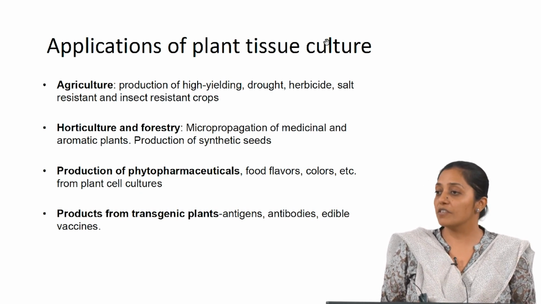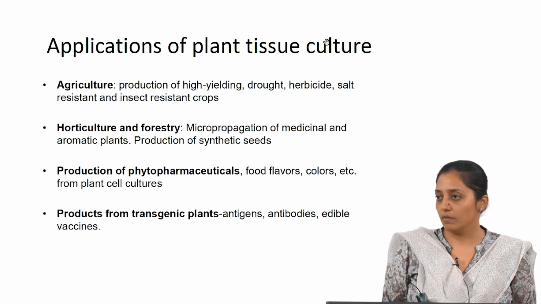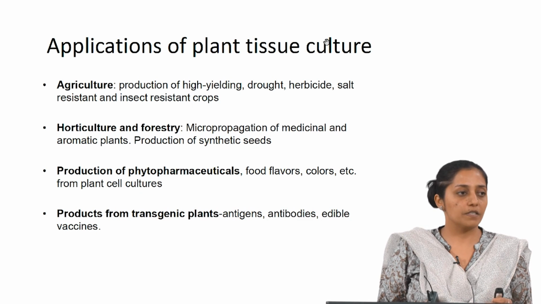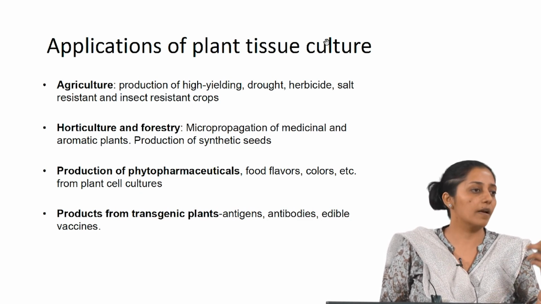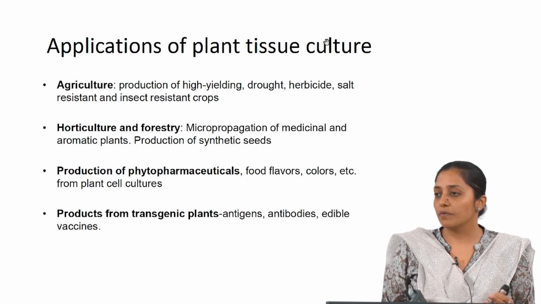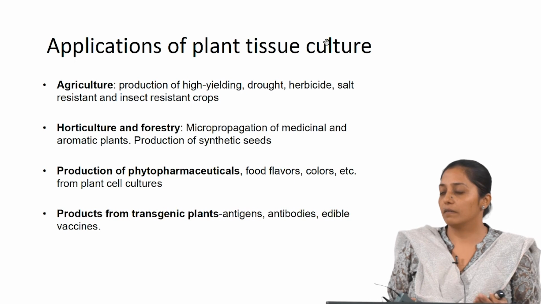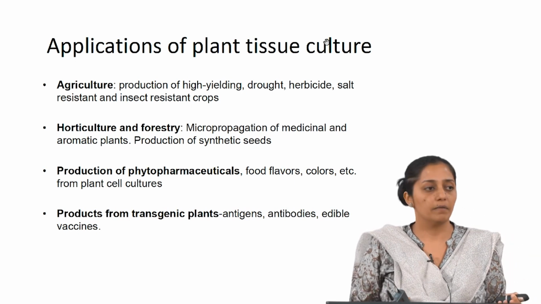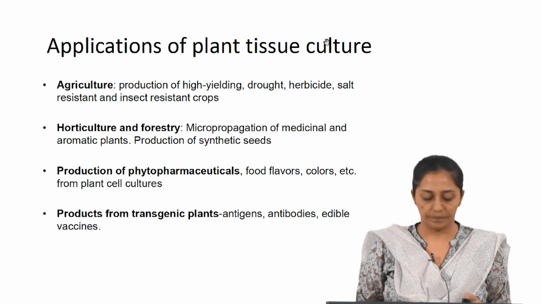Then products from transgenic plants, you must have heard about edible plants or GMOs, or plants with specific nutrient quality like golden rice, or plants which can be protected from certain insect pests, for example, BT cotton.